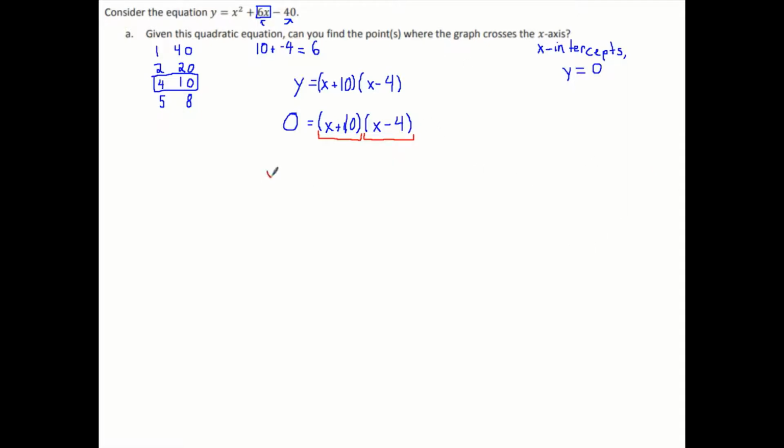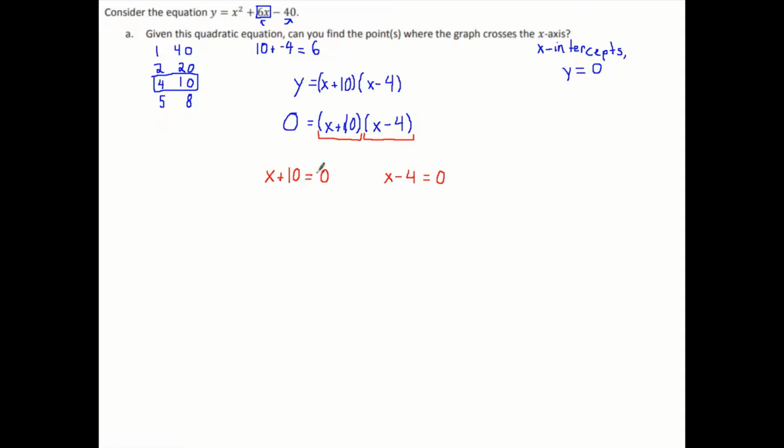So that means that x plus 10 is going to be equal to 0 for one of my x-intercepts, and x minus 4 is going to equal 0 for my other x-intercept.